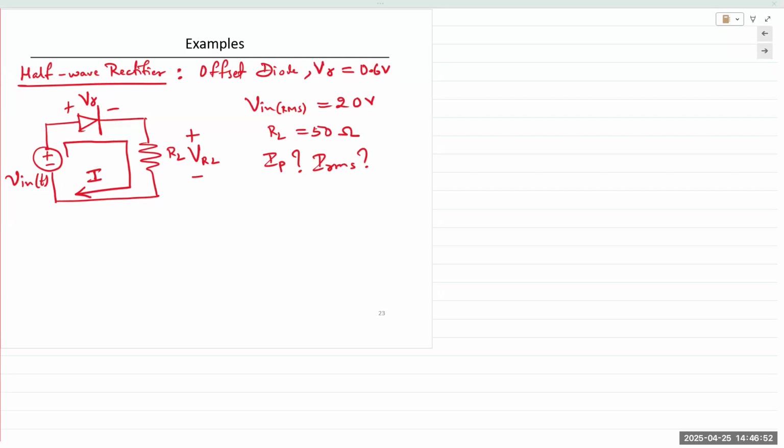Either way, you should have the correct answer because all laws apply exactly the same. Whether it's a peak value or RMS value, Ohm's law is still valid. KCL, KVL are all still valid. If you use peak values, you get the answer in peak values. If you use RMS values, you get the answer in RMS values.